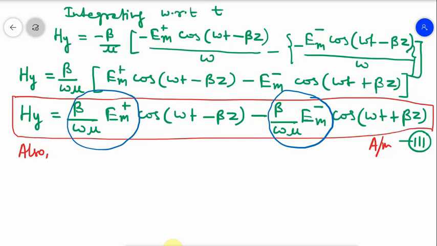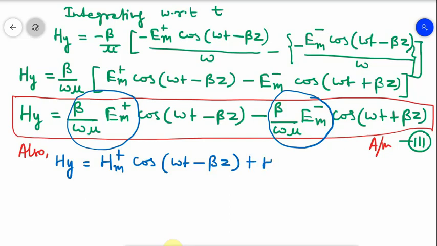So for the magnetic field, if we write the expression, Hy equals to, what we have written for Ex, we write for Hy: Hm plus cos omega t minus beta z, and plus this Hm minus cos of omega t plus this beta z, and it is again amperes per meter. Okay, so this is your equation 4.